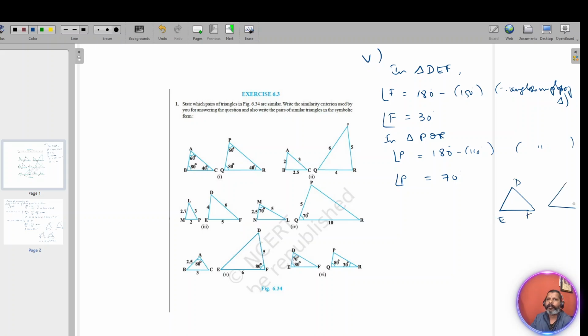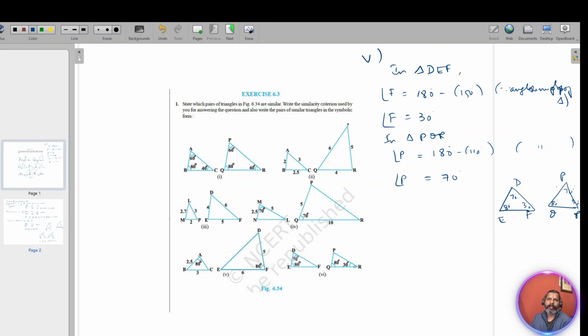DEF, PQR, get the values from the given one. This is 70, this is 80. What we found, F is 30. Right, 30 here. Then get the values for PQR from the given, then put what we found now. This is 80, this is 30, this is 70. Right?